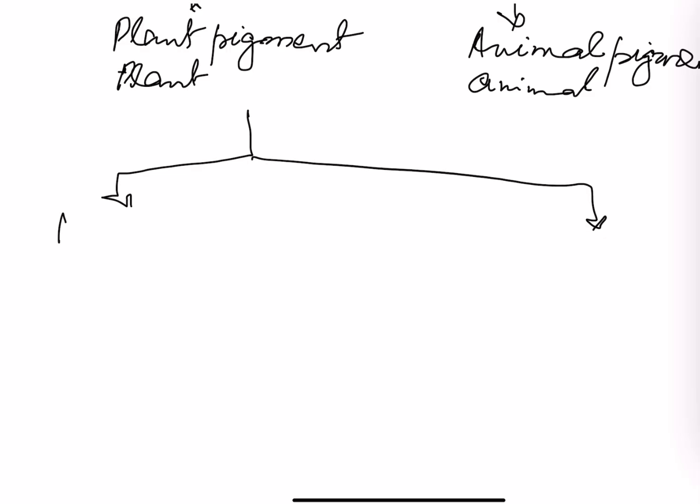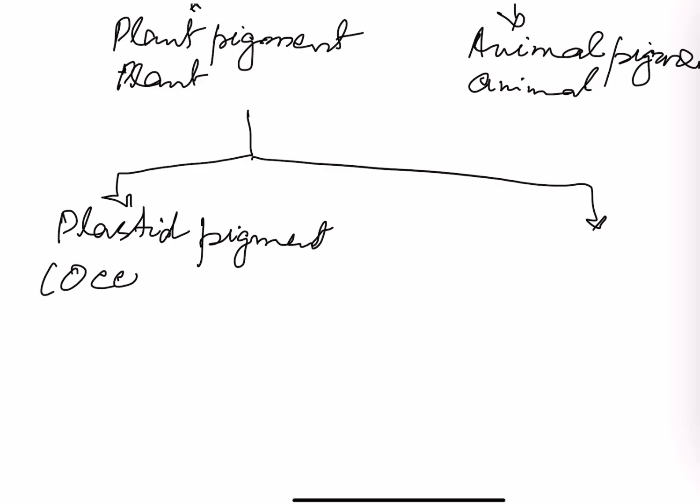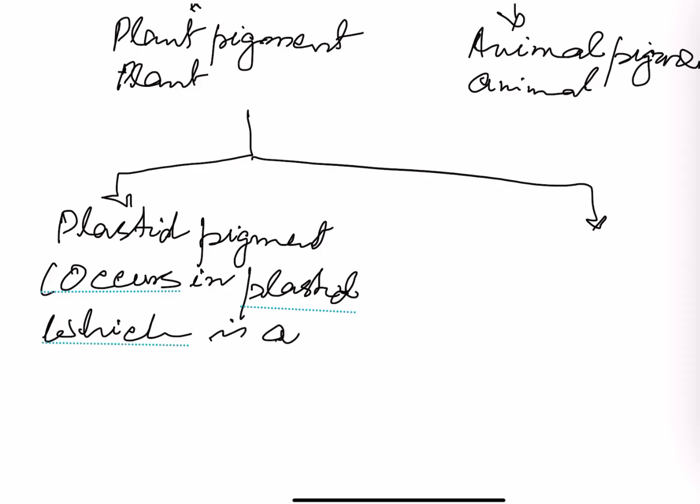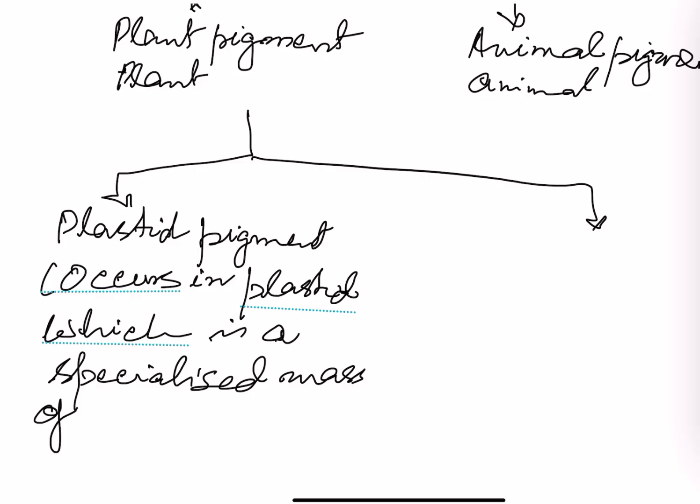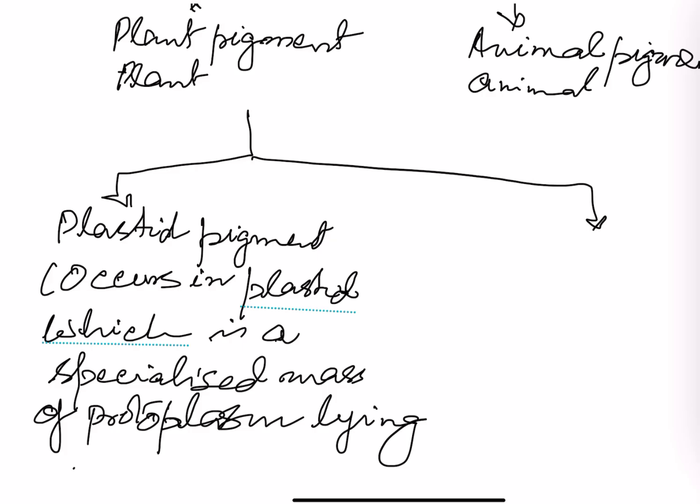That is your plastid pigment, and it occurs in plastid, which is a specialized mass of protoplasm lying in cytoplasm.